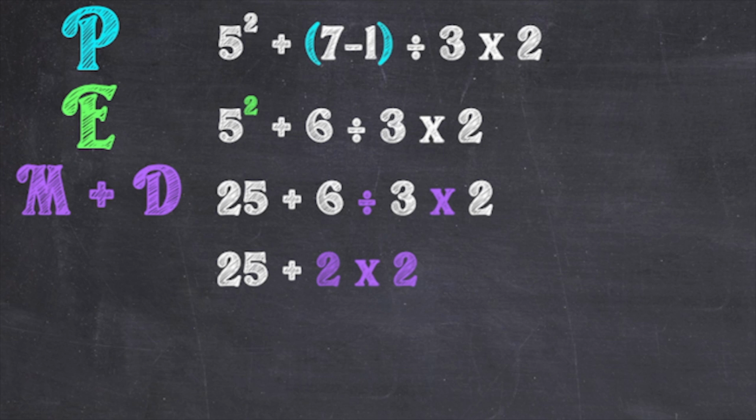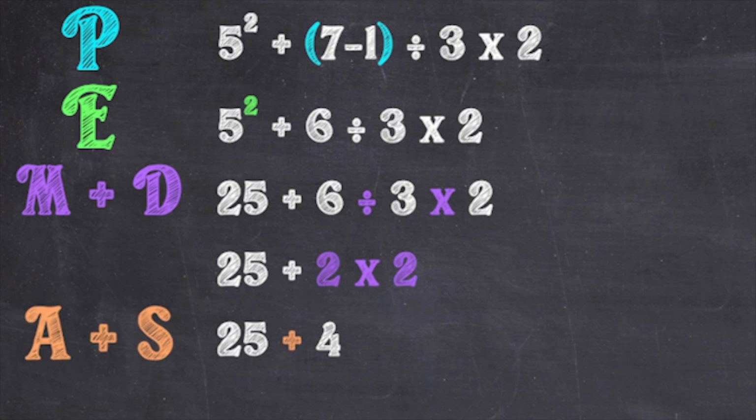We have another multiplication we need to do. 2 times 2. And when we do that, we get 25 plus 4. Moving on to the addition and subtraction step, we only have an addition. Let's add 25 and 4, which is 29. And we're done.